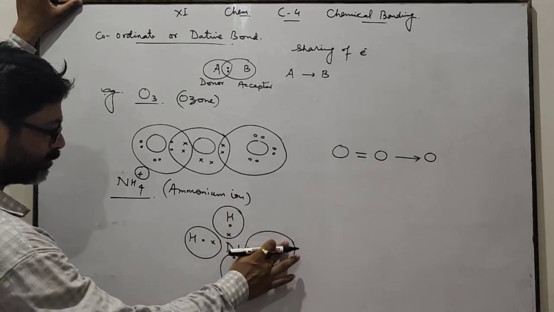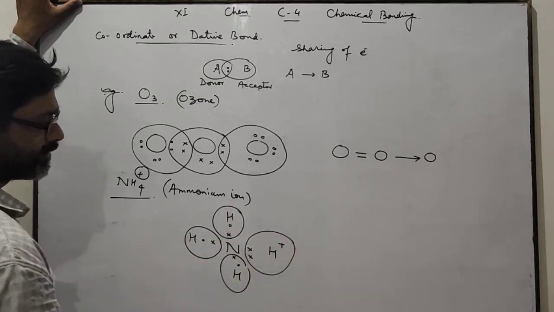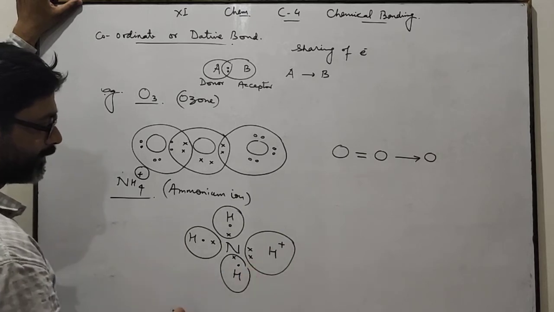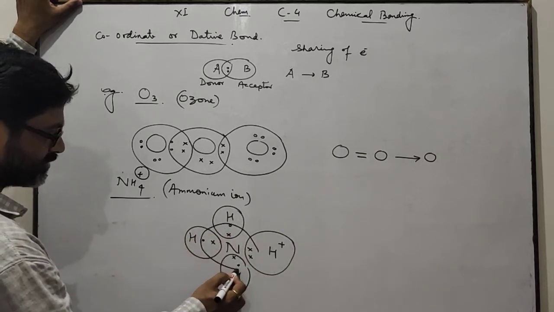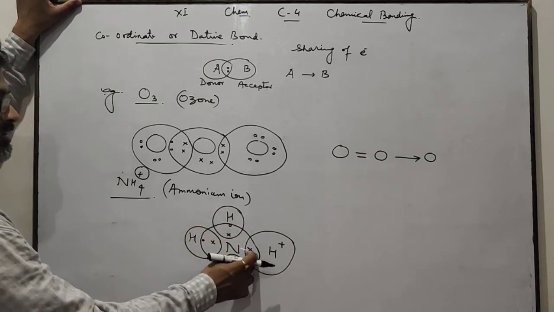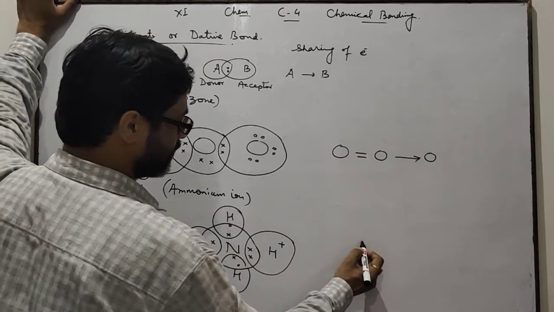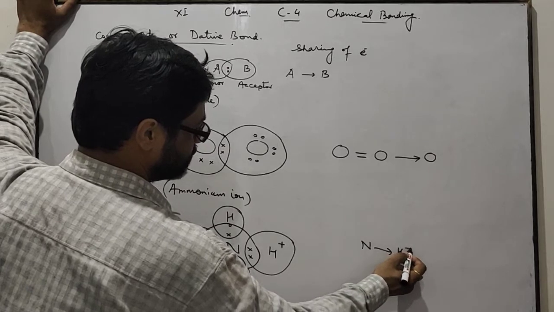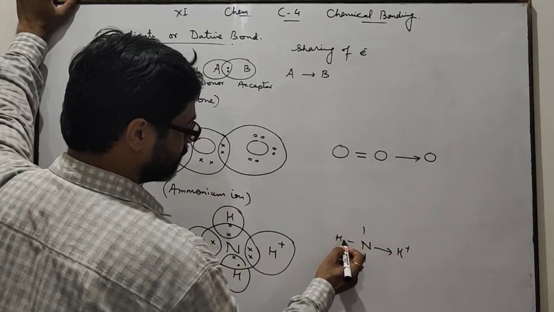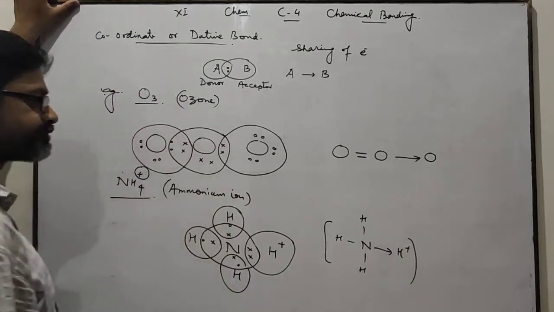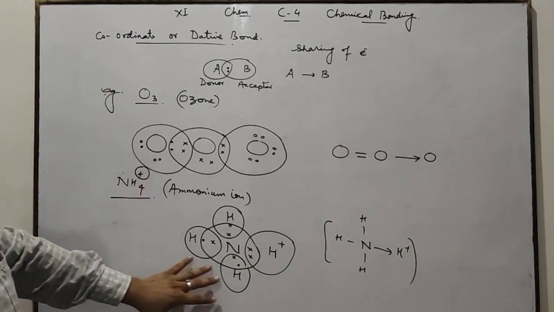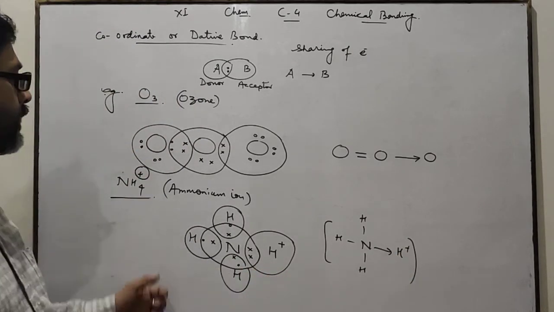You know that hydrogen completes only a duplet, not an octet. And nitrogen completes by sharing 1 electron from each. This one is the coordinate bond. Here N arrow H plus and here 3 covalent bonds are present.